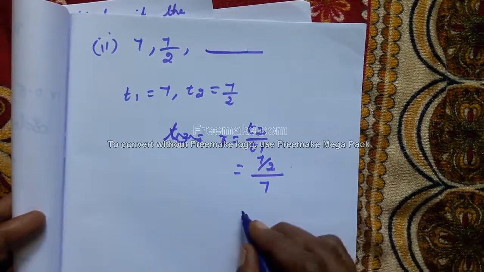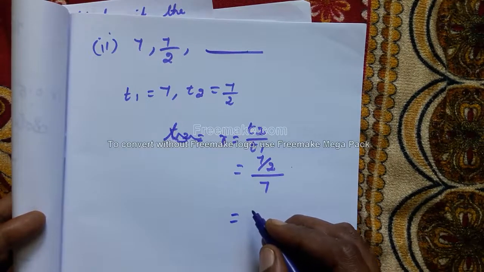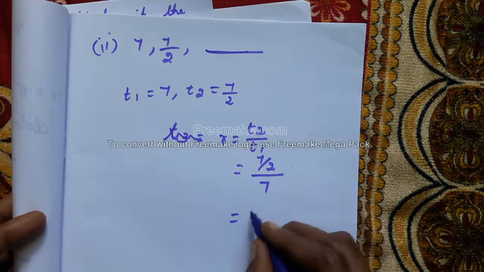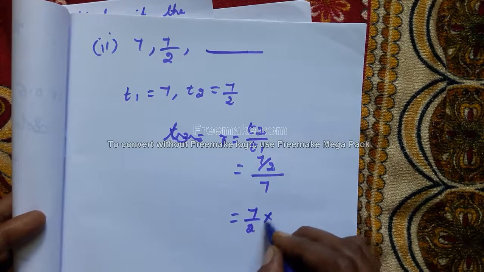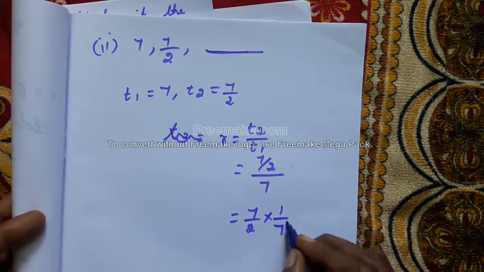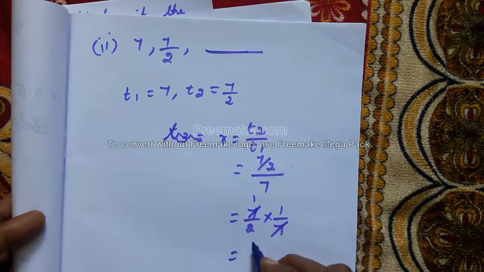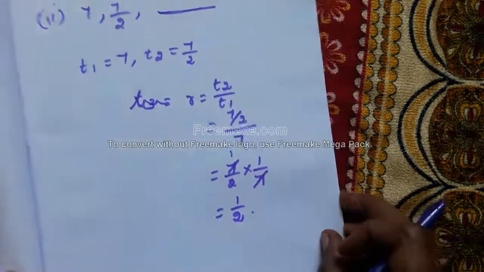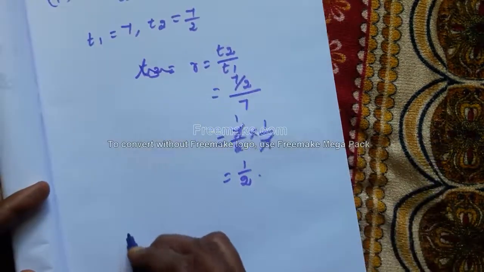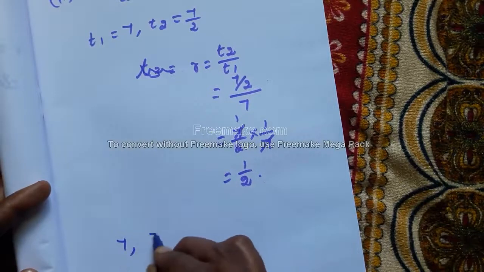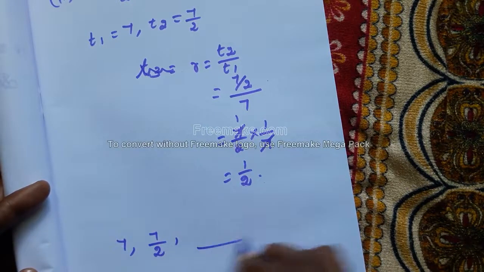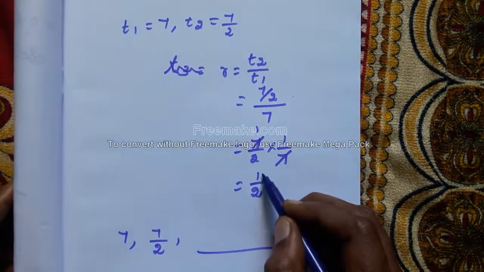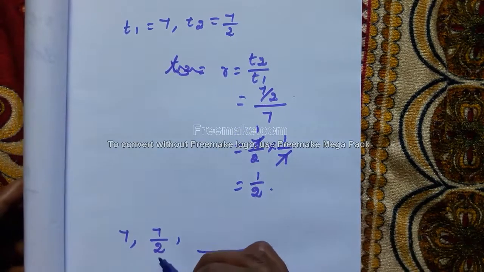Is it correct? So how can we find out? Here what is the reciprocal of 7? 1 by 7. So 7 by 2 into 1 by 7. We can cancel 7 and 7, giving 1 by 2. Therefore the next term T3: 7 comma 7 by 2 comma next term. We have to multiply this 1 by 2 with the second term.